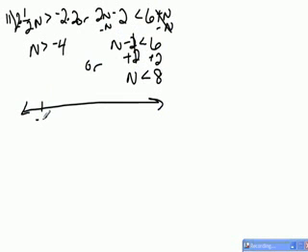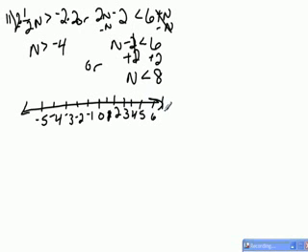So I'm going to graph it. I need negative 5, negative 4, negative 3, negative 2, negative 1, 0, 1, 2, 3, 4, 5, 6, 7, 8. Kind of ran out of room there. Sorry.